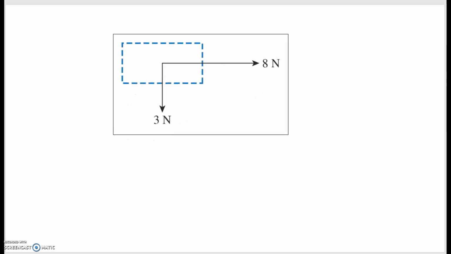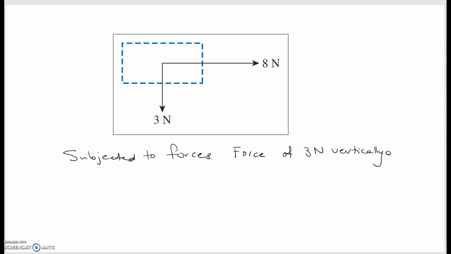Now here, what I've got is a diagram of something that's subject to two forces. It's showing that there's a force of 3 newtons downwards and 8 newtons horizontally.